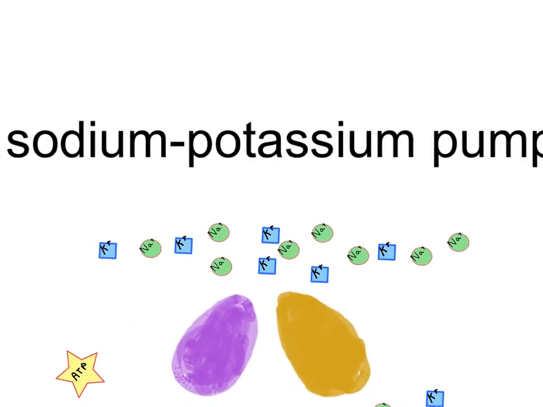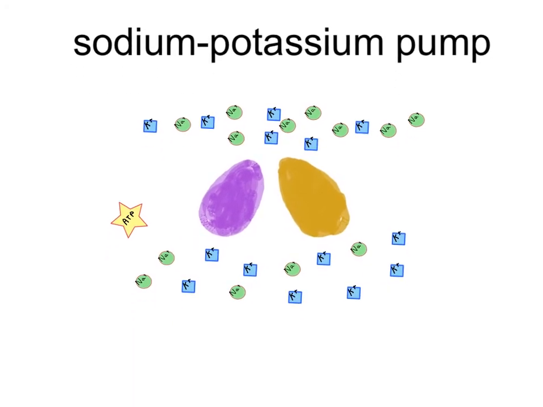We have embedded in the membrane a structure known as the sodium-potassium pump. This is what we call an active transporter that uses the molecule ATP. If you remember, ATP provides energy for the cell. It uses the energy from ATP to move ions into and outside of the cell.